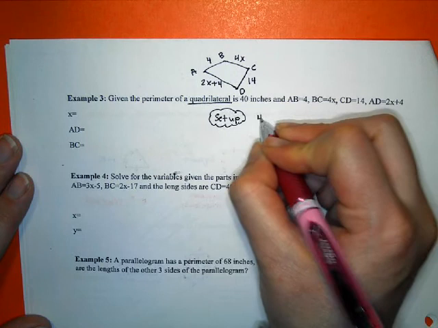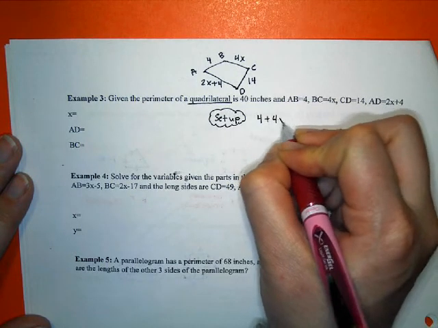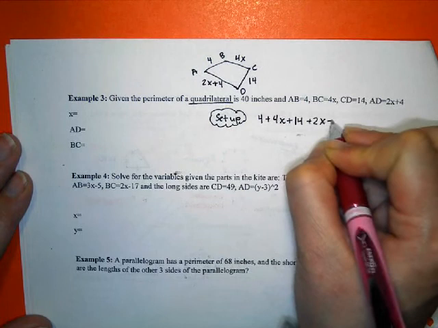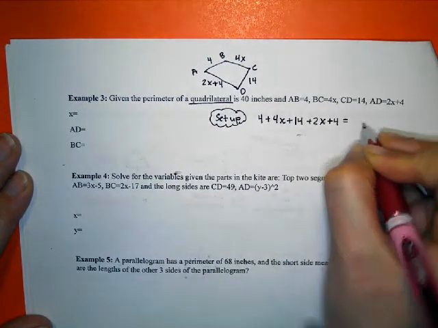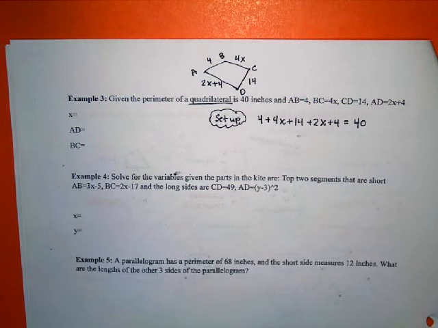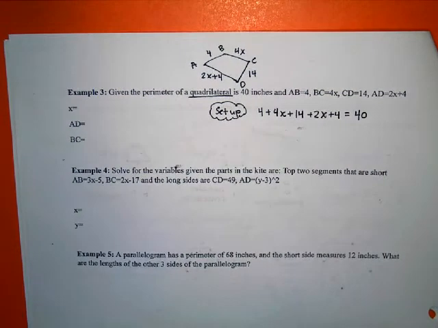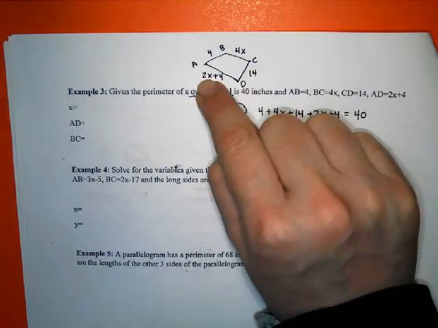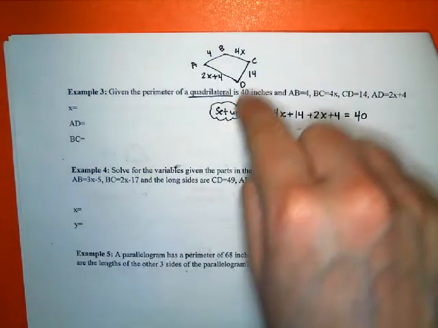So to set up, I'm going to write 4 plus 4x plus 14 plus 2x plus 4 equals 40. Who knows why I did that?